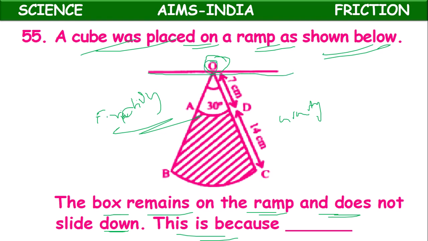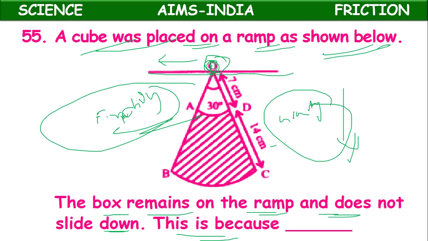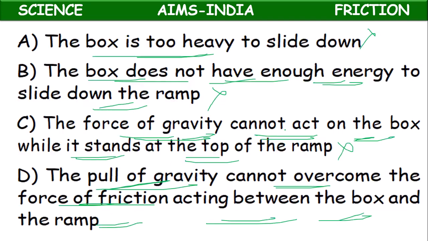This is the box. Why the box is not sliding down means the force of gravity acting on the box is less than the force of friction. Gravity is not able to overcome friction. So that's why it is not falling down. So option D is correct.